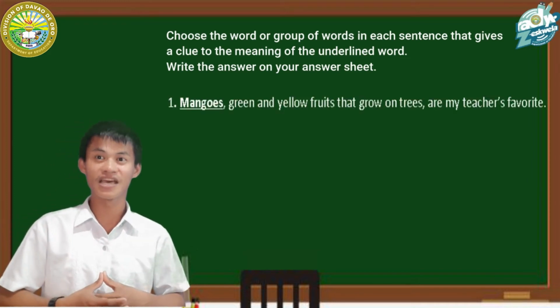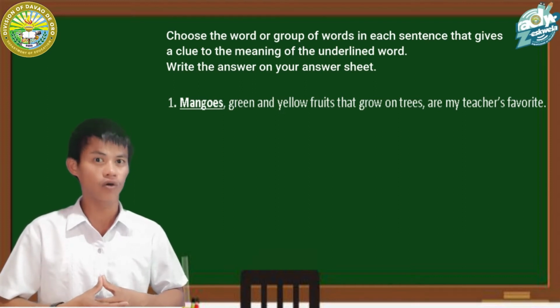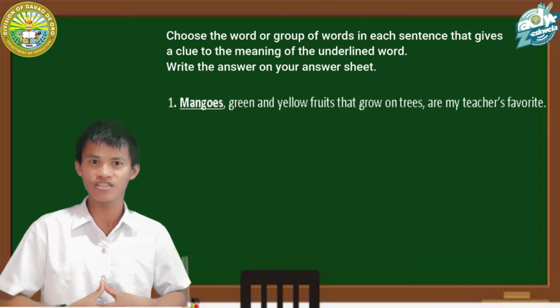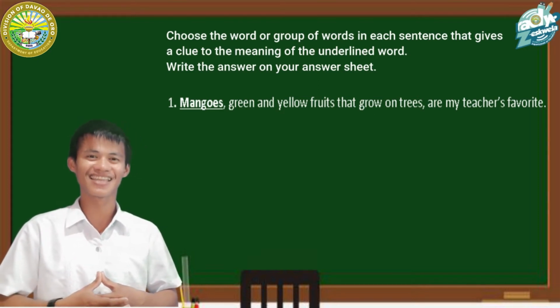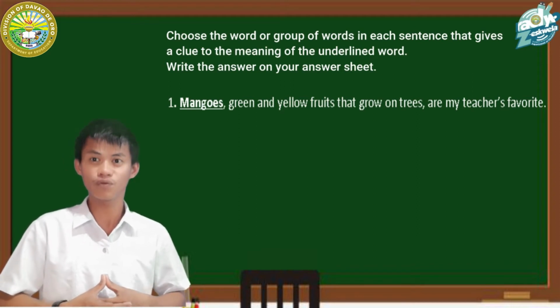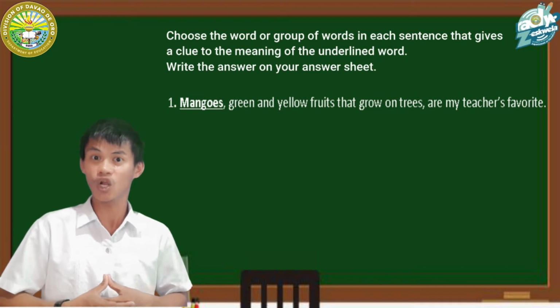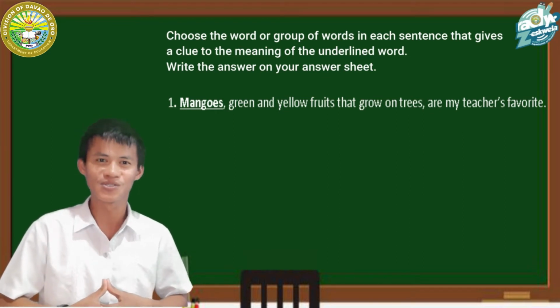Number 1. Mangoes, green and yellow fruits that grow on trees are my teacher's favorite. What do you think is the word or group of words that gives a clue to the meaning of the word mangoes?